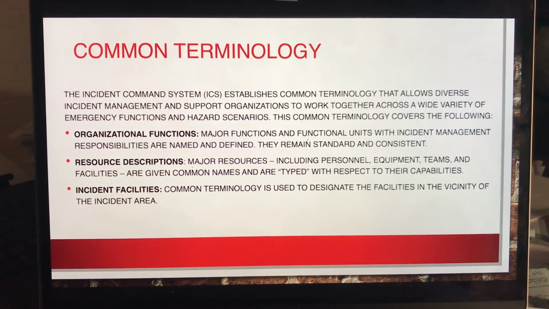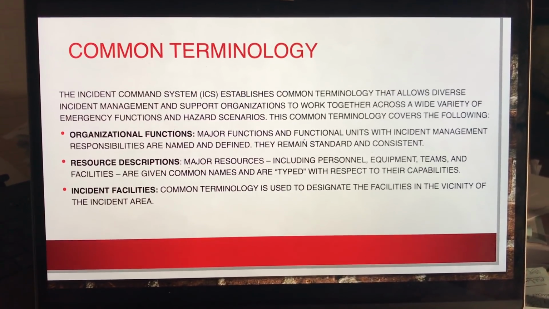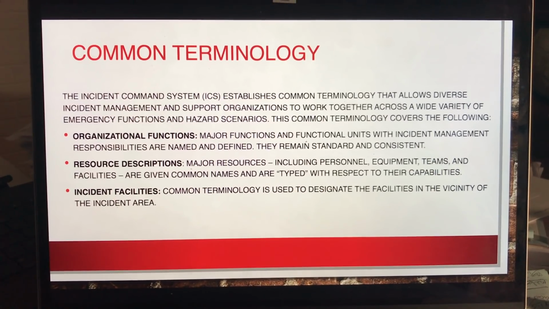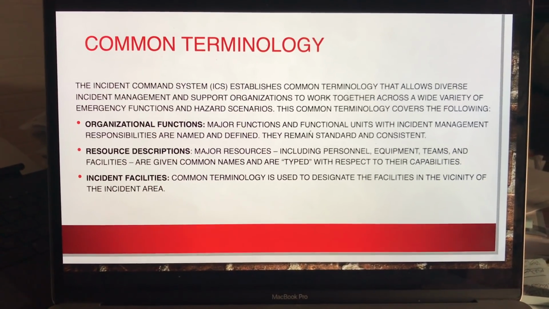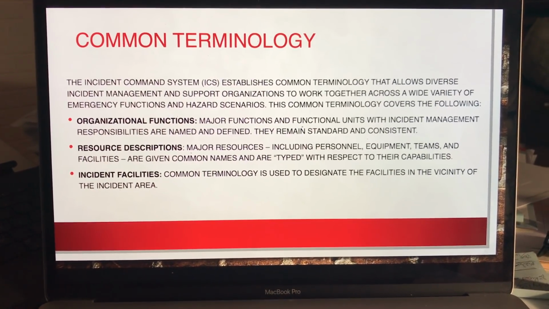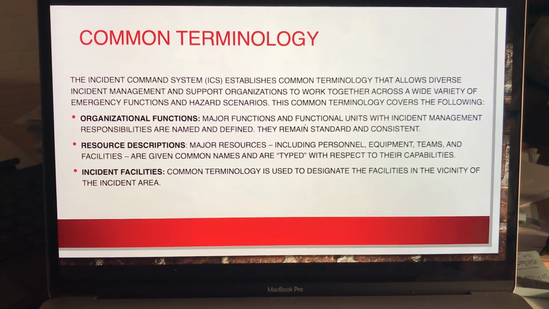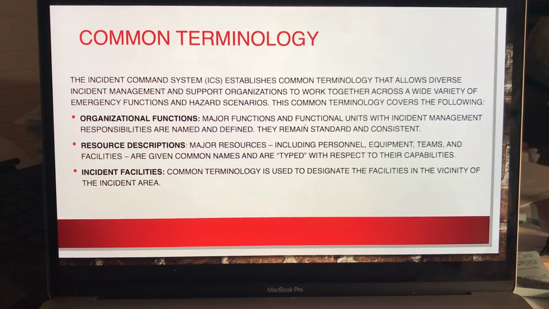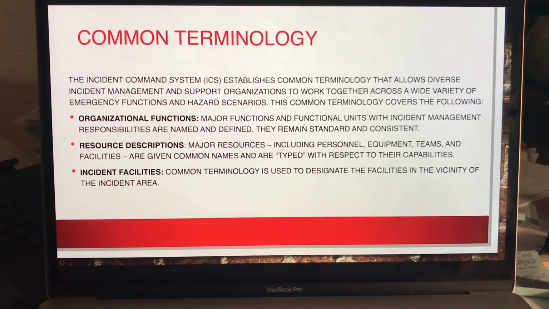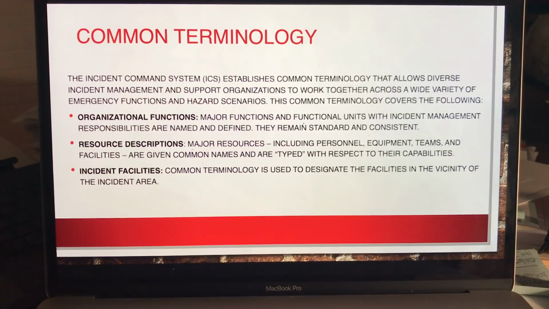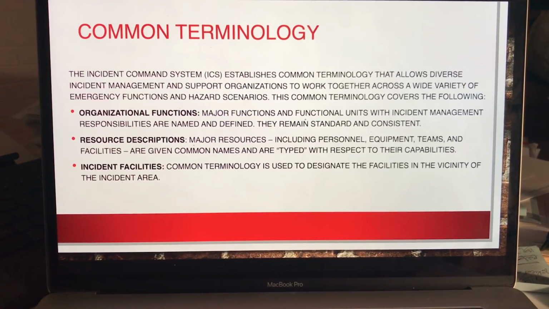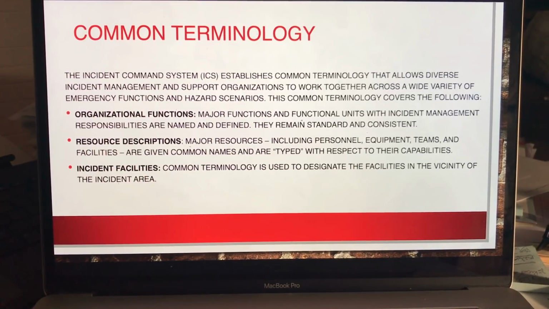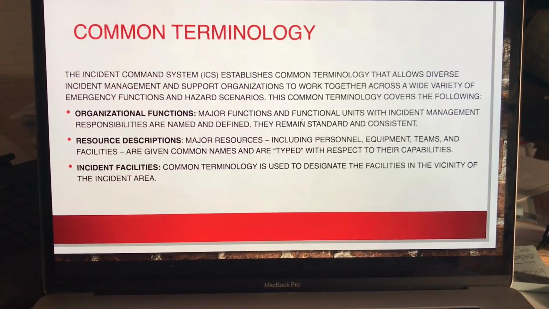Common terminology. The Incident Command System establishes common terminology that allows diverse incident management and support organizations to work together across a wide variety of emergency functions and hazard scenarios. This common terminology covers the following: organizational functions. Major functions and functional units within the incident management responsibilities are clearly named and defined.